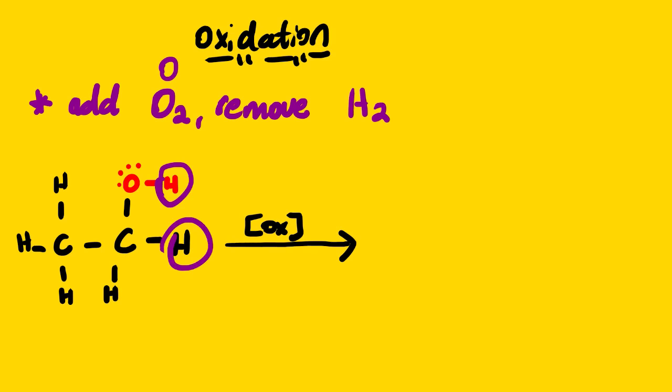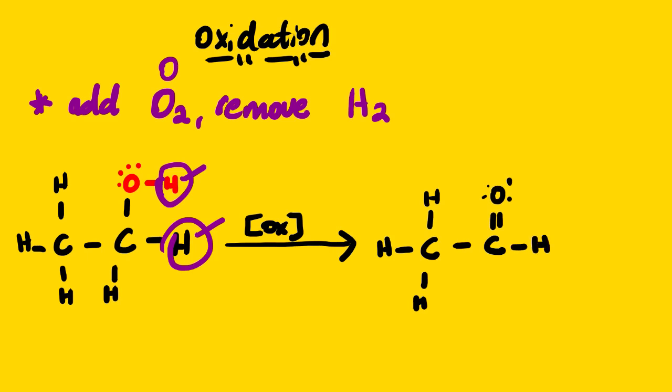Then you can clearly see that we have removed two hydrogens, and then we will have an aldehyde, which has a double bond here and a hydrogen. This hydrogen is the one that is left here.